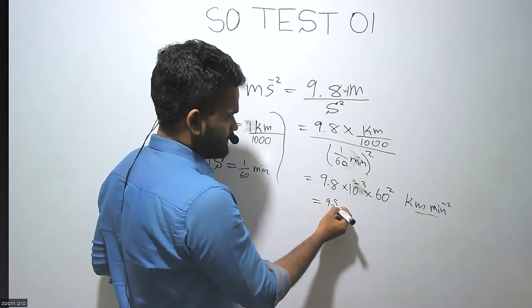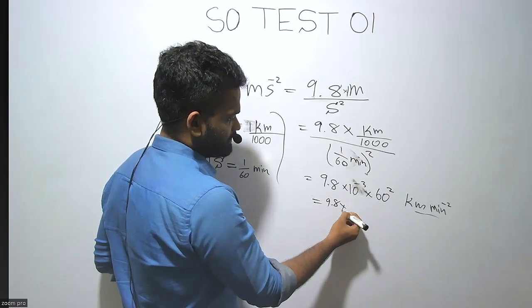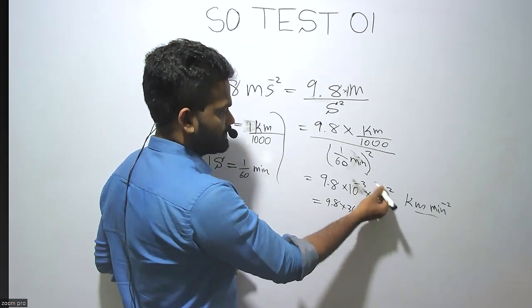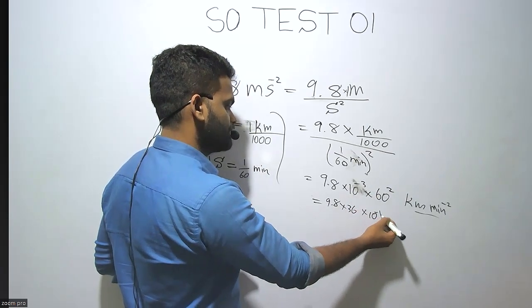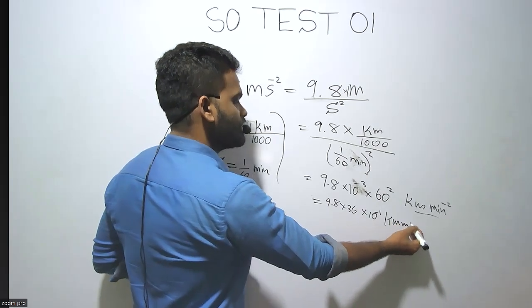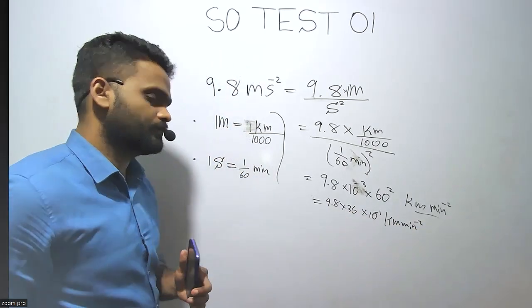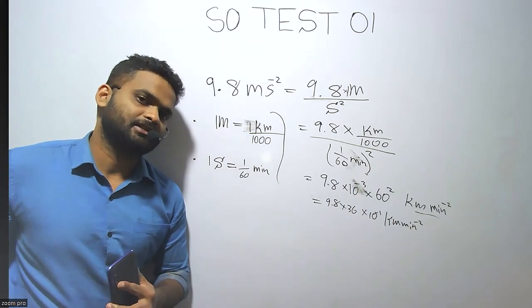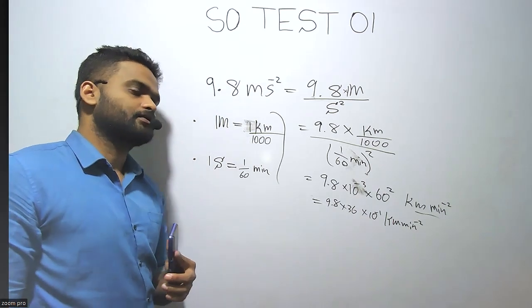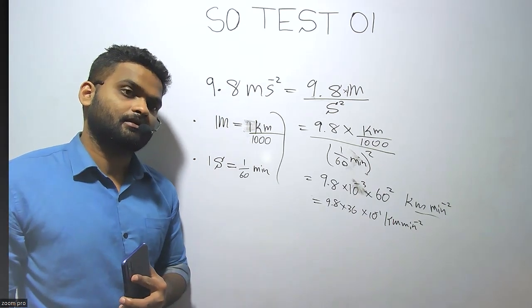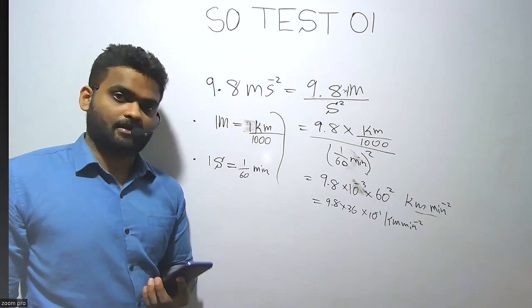Okay, 9.8. This is 6 squared, which means 36. You get 10 to the power minus 3 from here, then minus 1. I'm explaining simplifications as well because some students follow longer methods to do simplifications, right? It is one way, but you waste time.